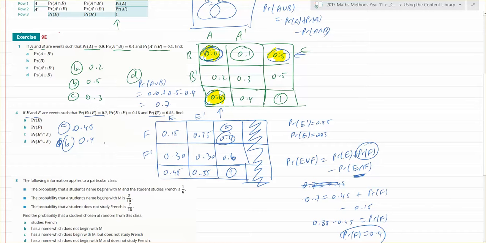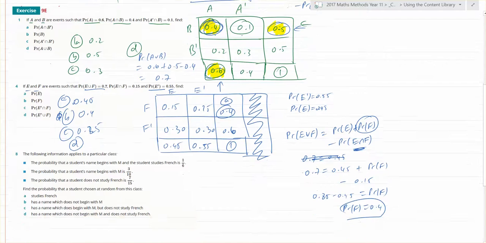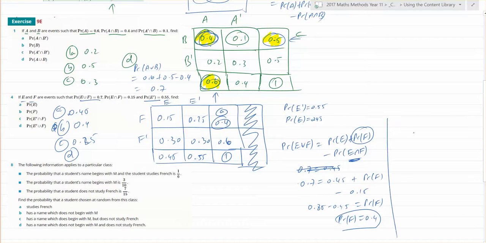The probability of F only is 0.25, and the probability of not E union F. For not E union F, you've got to do this.